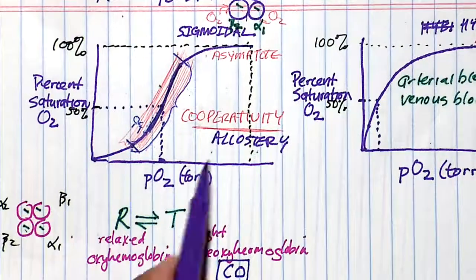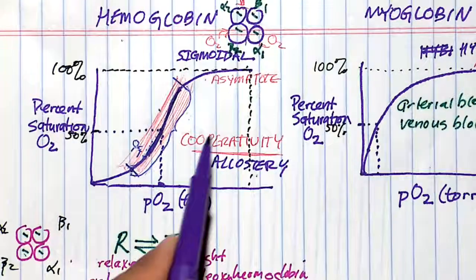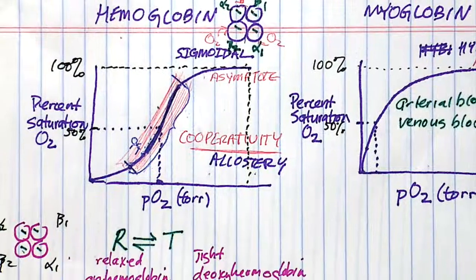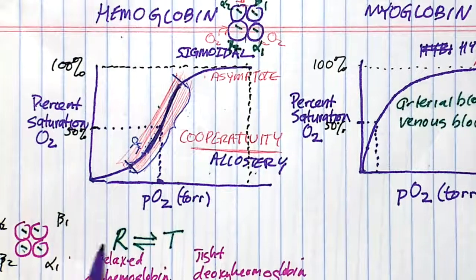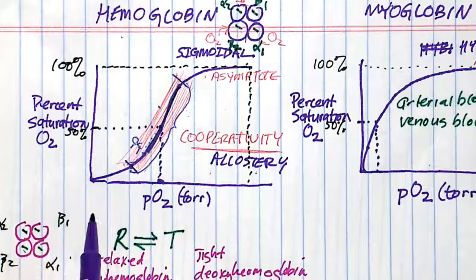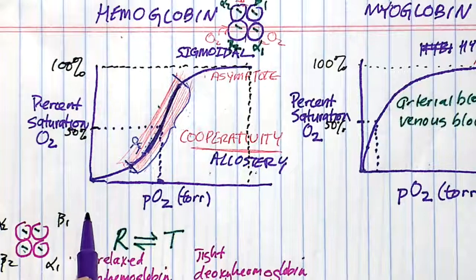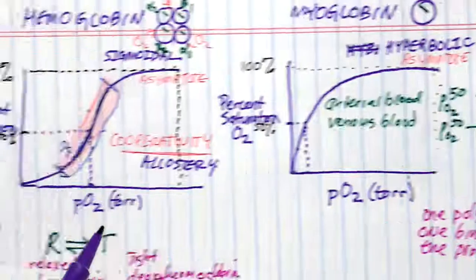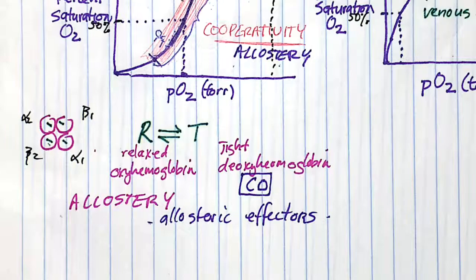How does the cell regulate whether to have full oxygen binding, that would be the R state, or to be an oxygen dump and just dump oxygen? Obviously you would want to dump oxygen to vigorously exercising muscles, because myoglobin cannot do the job entirely by itself. So what are some of these allosteric effectors?